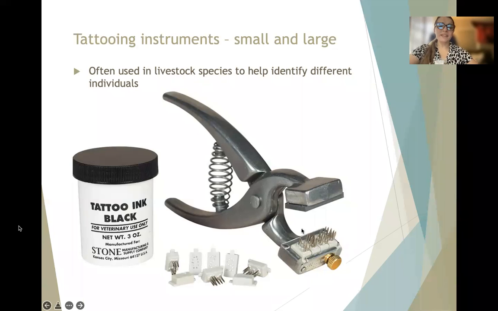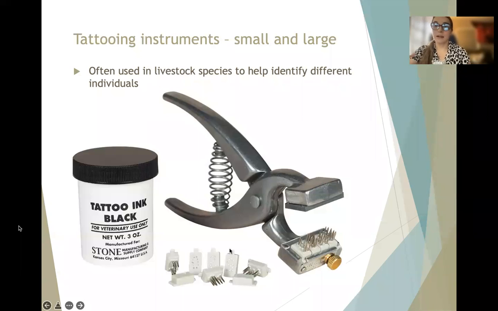So with this, they'll actually place ink in the tattooing instrument, and then they will select these little plastic lettering tools that have those metal spikes. You can take them out, put different ones in according to numbers.